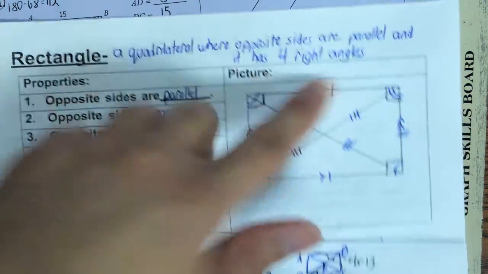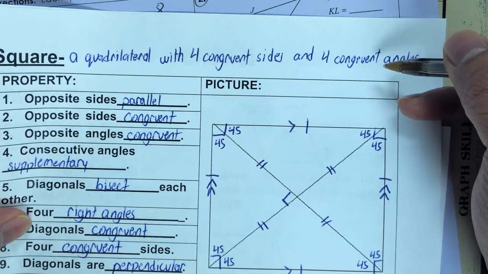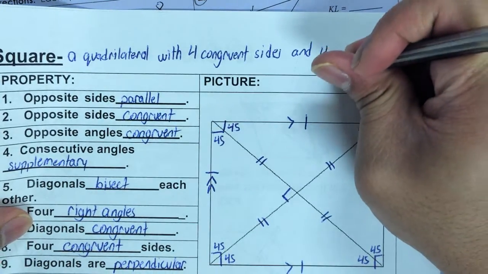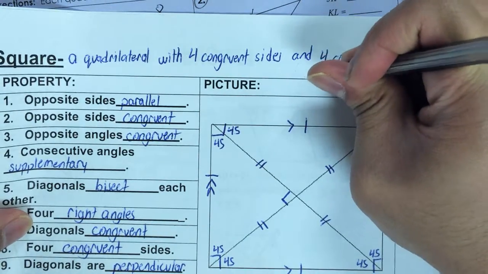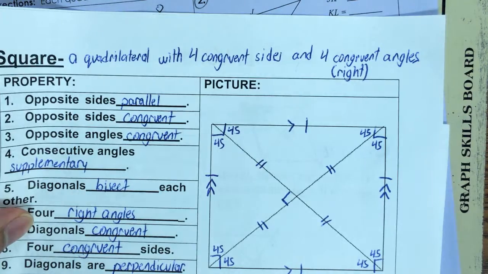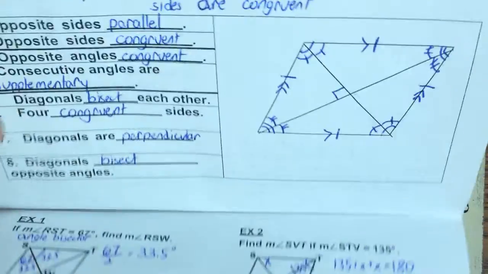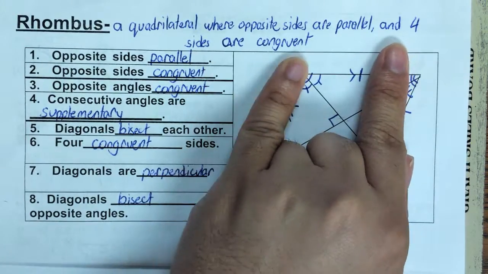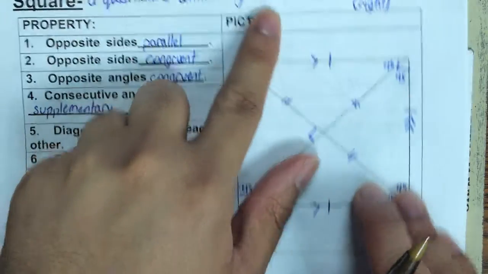So it combines the definition of a rectangle, 4 right angles, 4 congruent angles, because 360 divided by 4 equals 90, so these 4 are congruent. Let's add that note. Congruent. They're specifically right angles. And from a rhombus, 4 sides are congruent. 4 congruent sides.